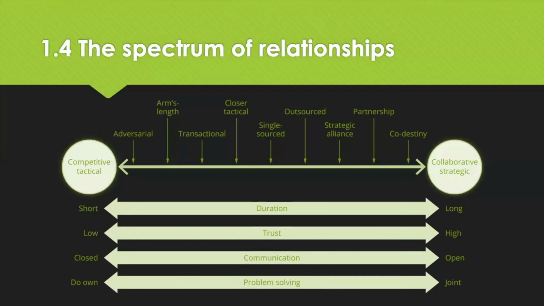Single sourcing is where you look to gain a commitment and preferential treatment through exclusivity. So high level of trust between the organisation and supplier than the closer tactical ones. But exclusivity is often built into a contract framework.